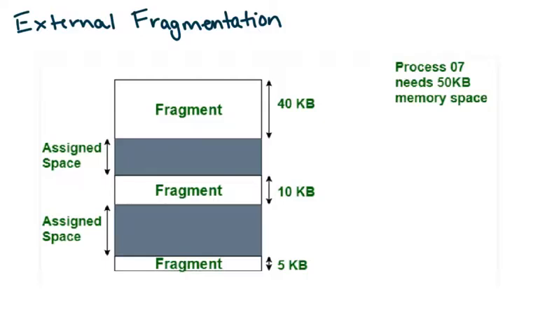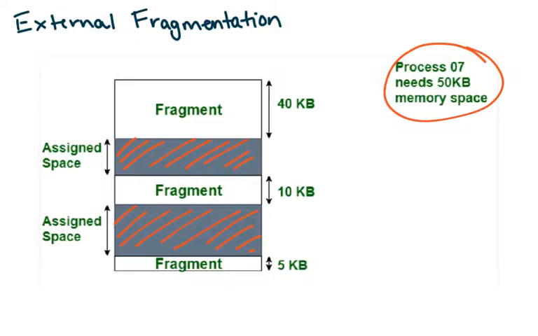There's also external fragmentation. What's happening with external fragmentation is, maybe we have this scheme here where some processes are assigned in this area, some processes are assigned here, and then we have these fragments, which are also called holes. And now a process comes in that needs 50 kilobytes worth of memory.